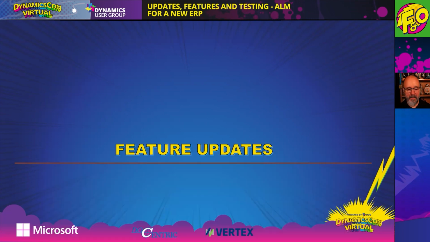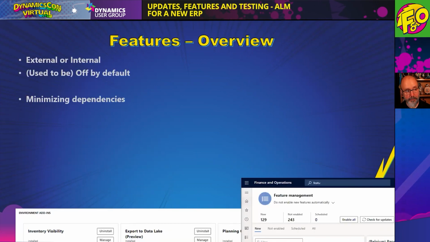All right, so the next part here is that for every major and minor version, there are actually features. So for every version, you get new features. They are either internal or external. What do I mean by external features?